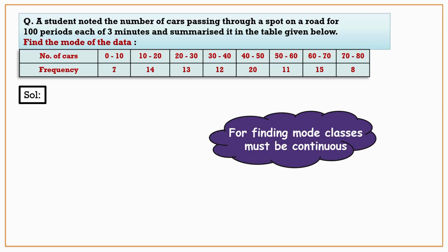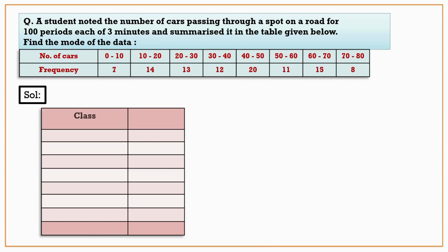Okay. So now draw the table, class and frequency. So class will be the number of cars, that will be the class interval over here. So here if you take a look 0 to 10, then we have 10 to 20. So that means it is continuous because 10 is continuing in the next class. Then we have 20 to 30, that is also continuous. 30 to 40, 40 to 50, 50 to 60, 60 to 70 and 70 to 80.